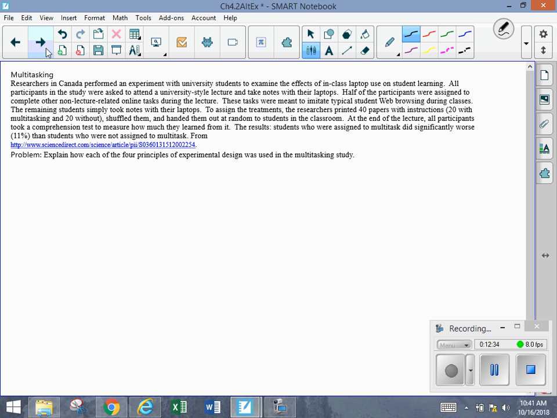We've got to explain the 4 principles of experimental design that were used in this study. So you need to randomize, right? Compare.